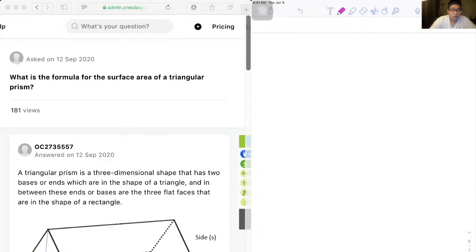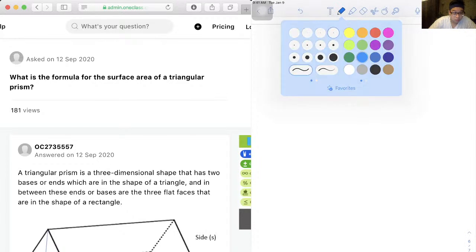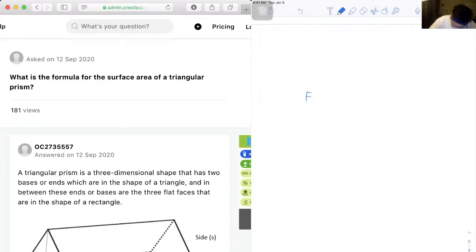Okay, so next it's asking us what is the formula for the surface area of a triangular prism.